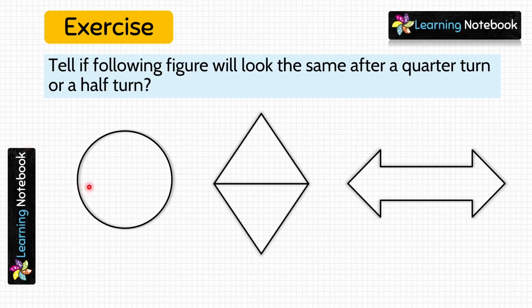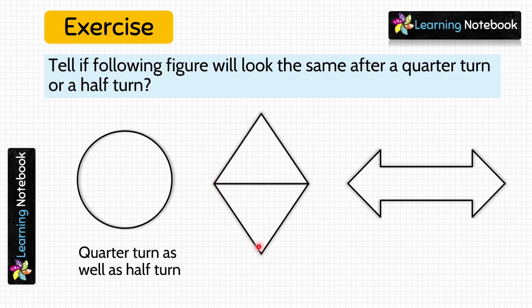So look at this first figure. It is a circle. So yes, it will look the same after a quarter turn as well as after a half turn. Right, students?